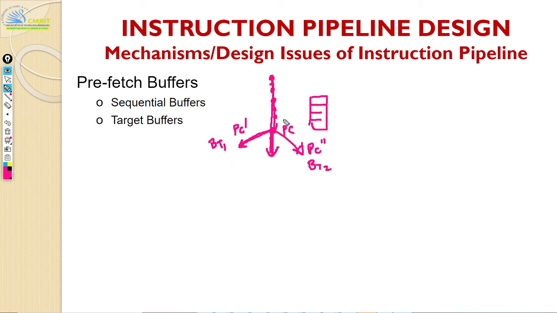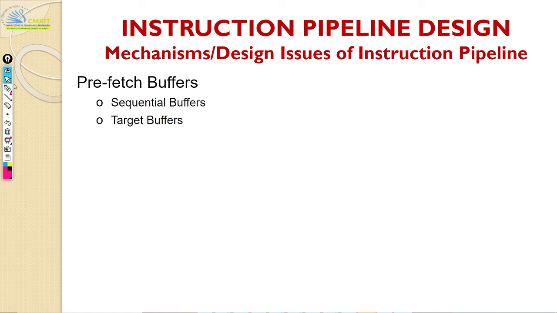Now you store branch target address 1, branch target address 2, everything in your target buffer, so that you don't have to go to memory again, search where that branch target is and bring that instruction. You already know where you're going to branch. Any questions so far?